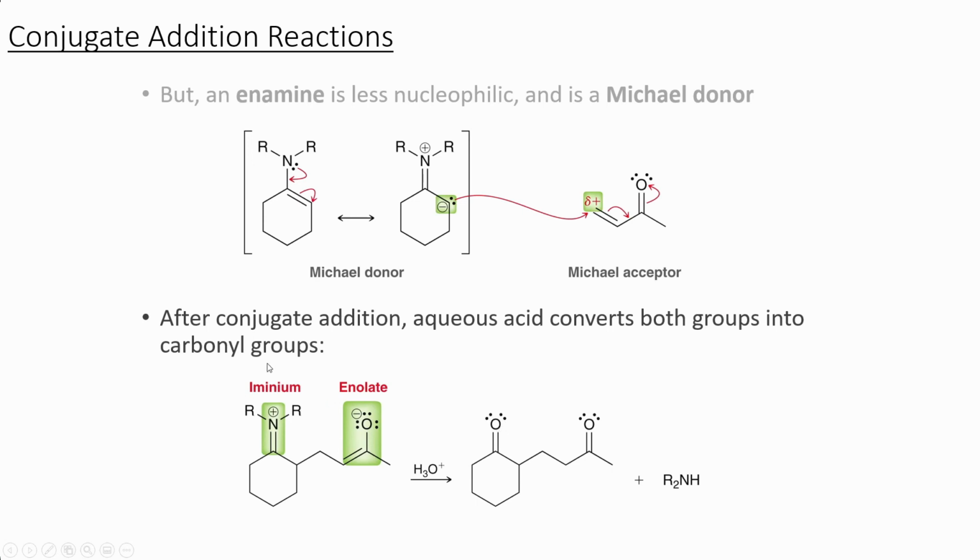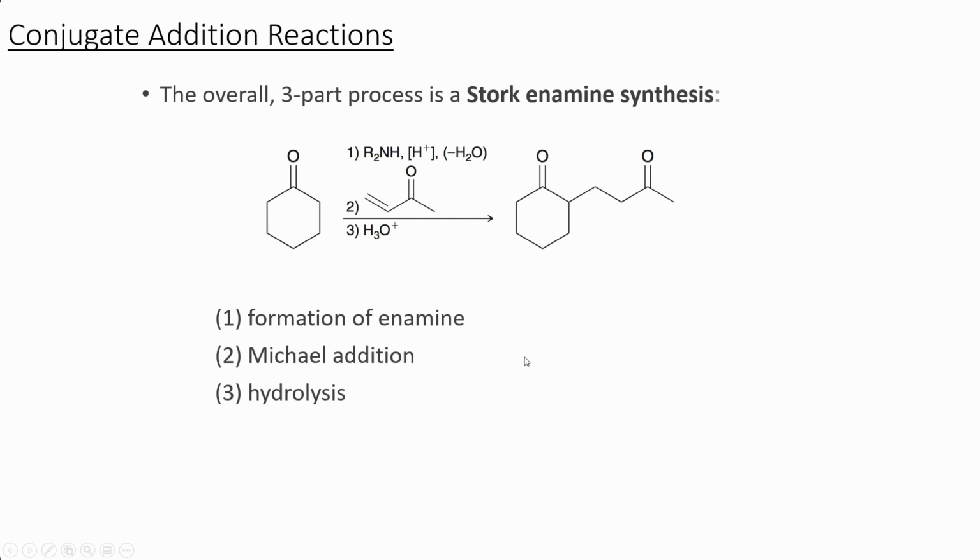So in this case, the enamine is just a temporary intermediate that we can use to execute this Michael addition reaction. So overall, we have 3 steps. First is formation of the enamine, then we do the Michael addition, and then we hydrolyze back to our ketone.